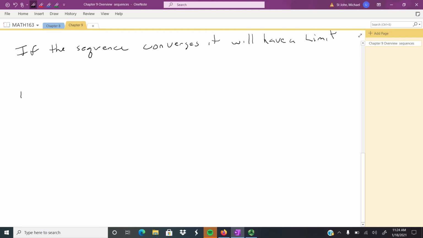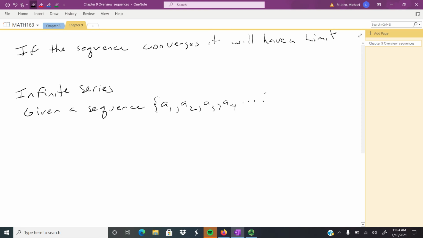Now then we can have infinite series. So given a sequence, so a sub 1, a sub 2, a sub 3, a sub 4, so on, so on, and so on. Right? And so a sub 1 plus a sub 2 plus a sub 3 plus, right, is going to equal the sum of the terms k equals 1 to infinity of a sub k.